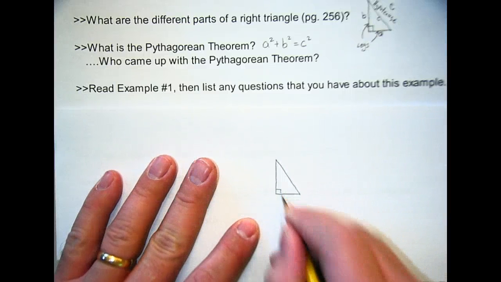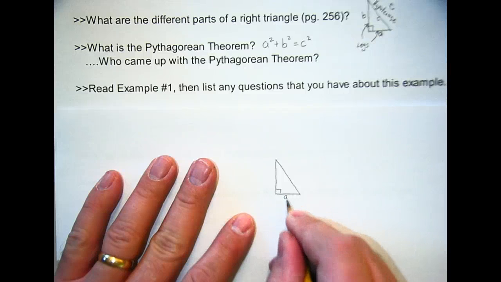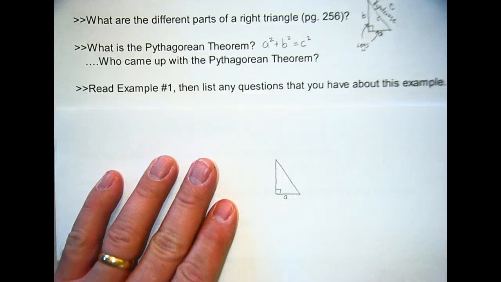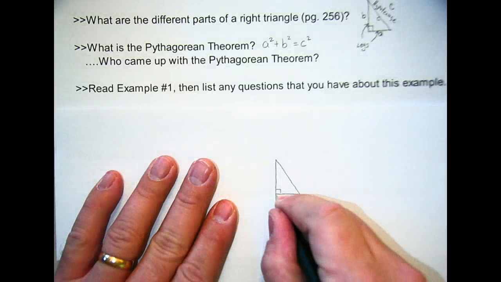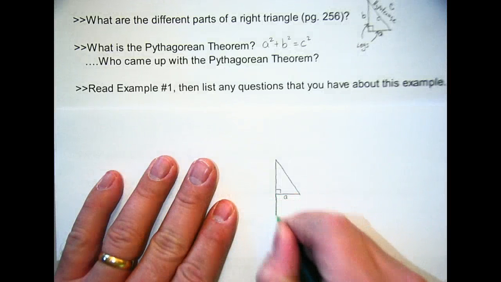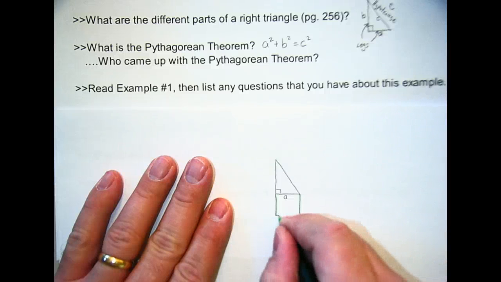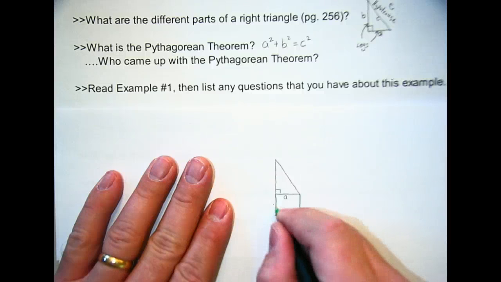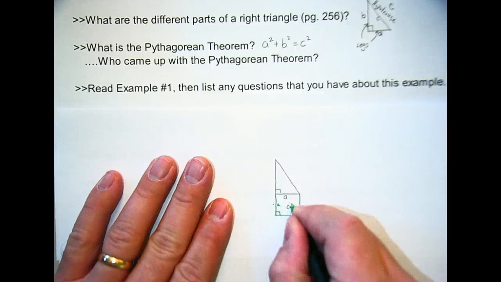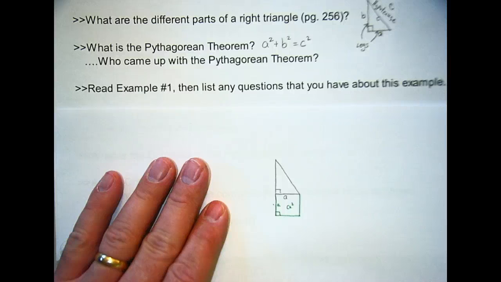If we call this length A and I draw a square off that side, it would have the same length, A. So this would be A by A, or A squared, the area of that.